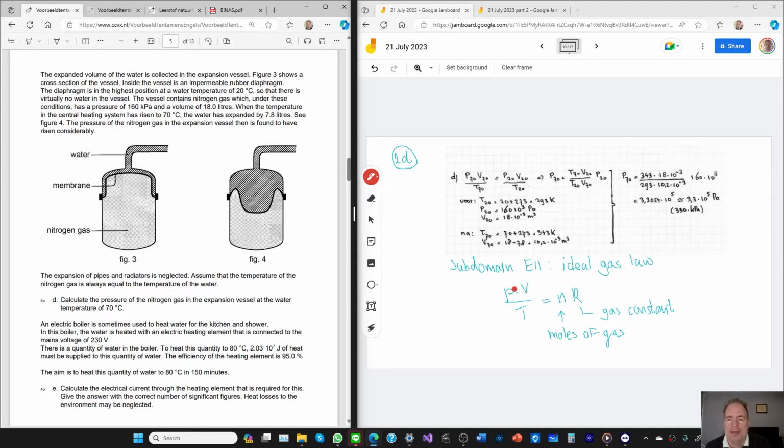From that, you write down everything you know, and the unknown is the pressure of the final state. In some cases, the ideal gas law is also related to the moles of gas, because PV divided by T is equal to the number of moles of gas times the gas constant. So definitely remember this.